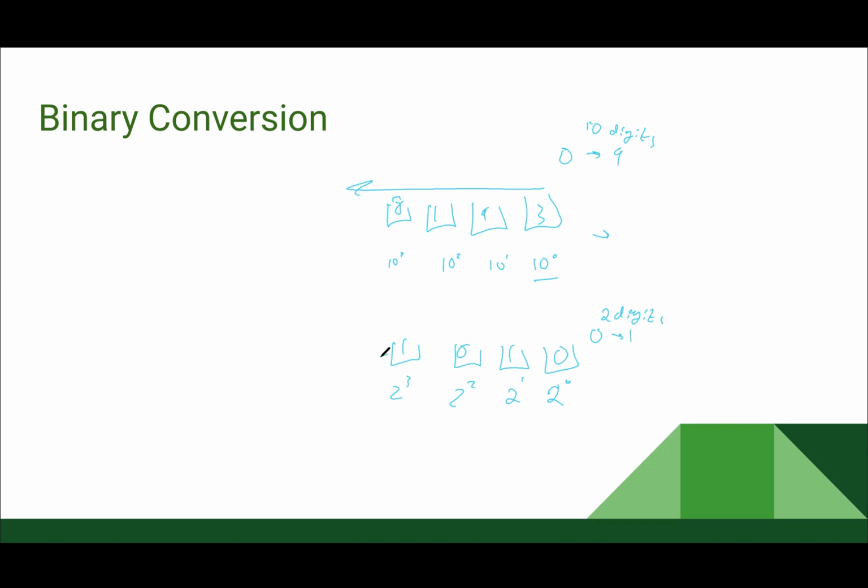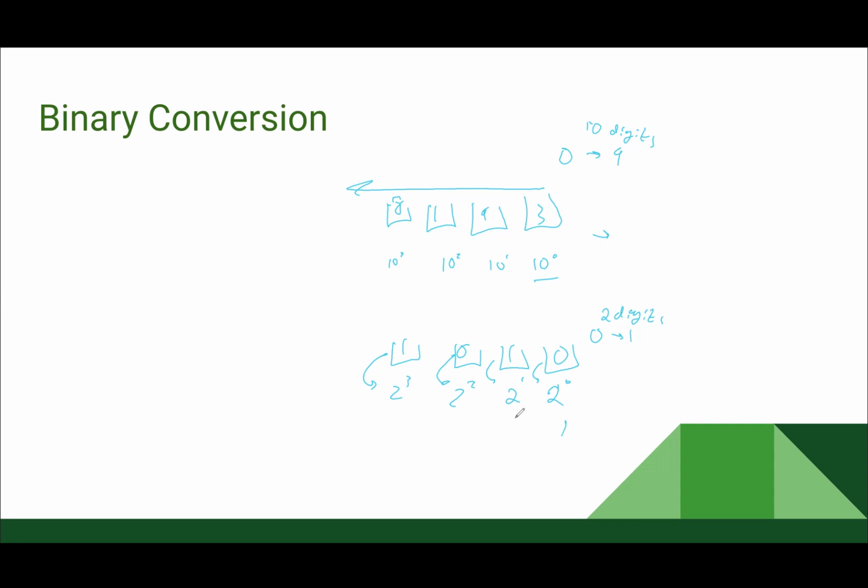We're going to multiply the value of the digit by the place. So 1 times 2 to the 3rd, plus 0 times 2 squared, plus 1 times 2 to the 1st, plus 0 times 2 to the 0. And we convert our exponents to actual values.